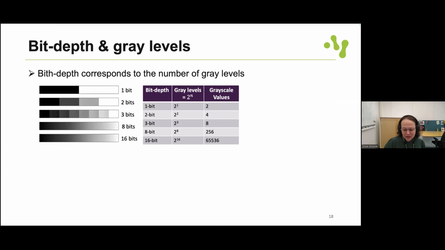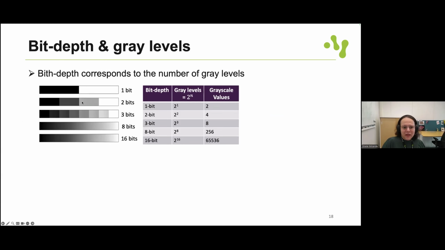Another concept that is very important to understand when we are working with digital images, especially microscopy, is the bit depth. So the bit depth corresponds to the number of gray levels. If you have only one bit to represent your data, you have either a black or a white intensity, so you can represent only two levels.